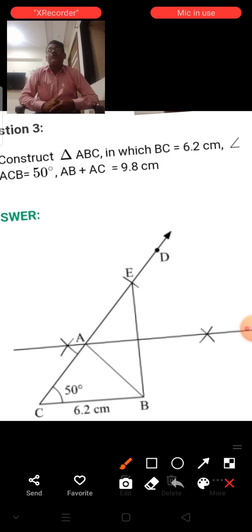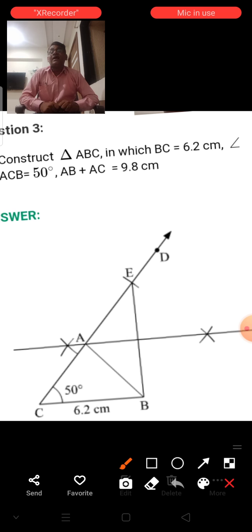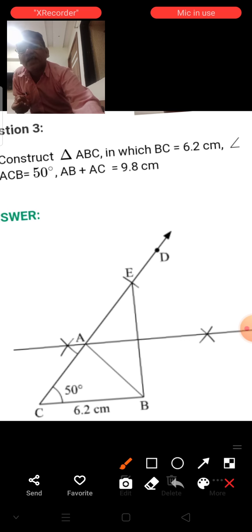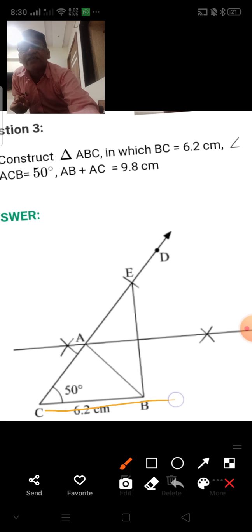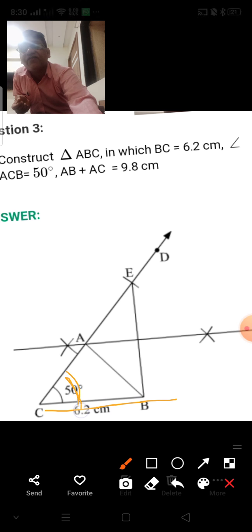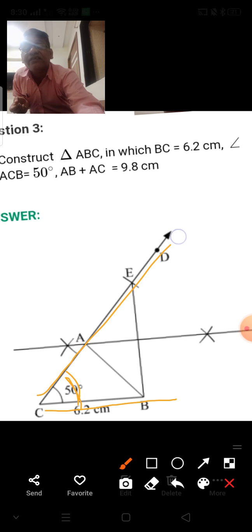Okay, so first draw the line CB 6.2 centimeter and make an angle ACB 50 at angle C. This is CB you drew already, 6.2, then you have to make an angle 50 on C. This is angle 50 on C, and then you have to draw the ray, this ray, it is CD.